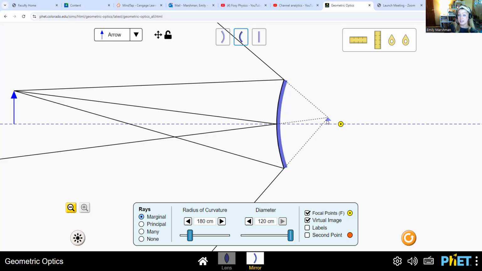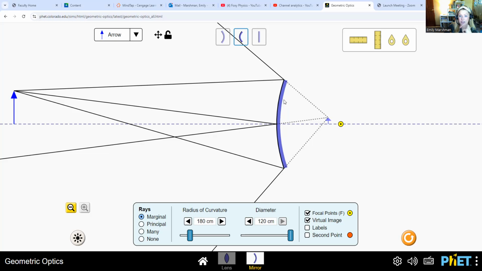And so when you're looking at it, it looks like that car is really small. It must be really far behind me, right? But in reality, it's small because the mirror is making it look a little bit smaller. And it's actually closer than it appears to be in the mirror. So just a couple of real life examples of convex mirrors.